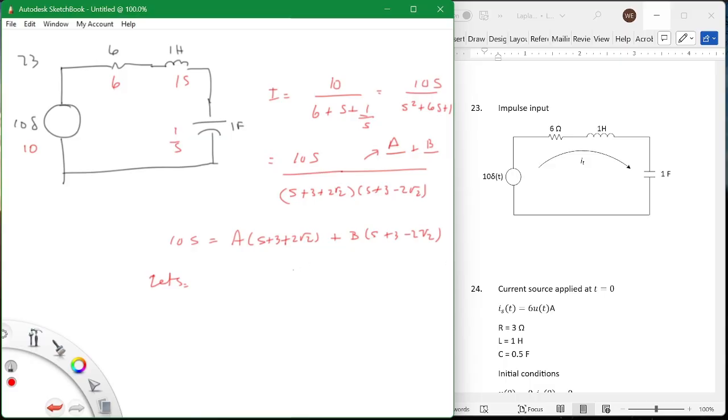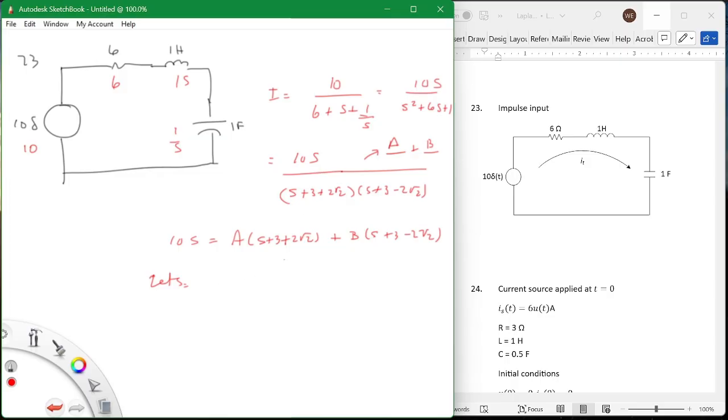And at this point in time, I am going to do the novel thought of getting 3 plus 2 square root of 2 equals 5.828.